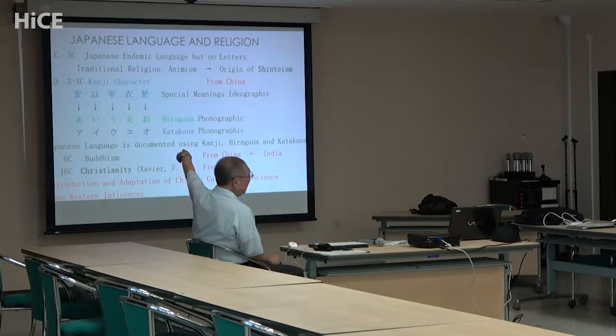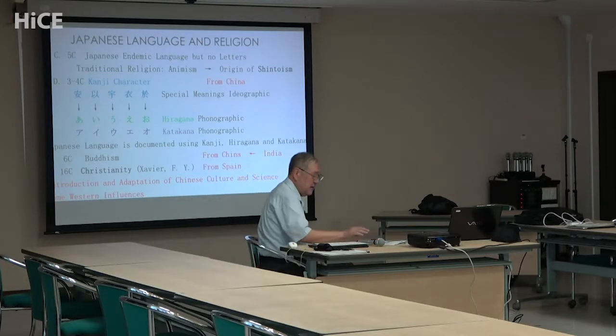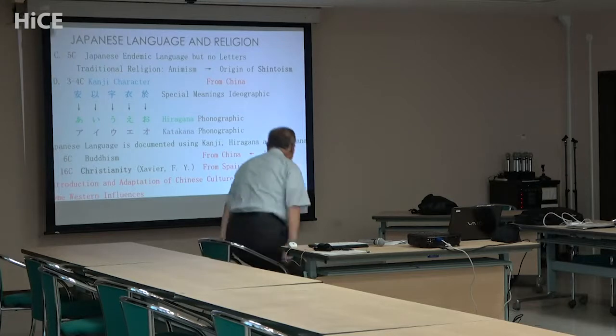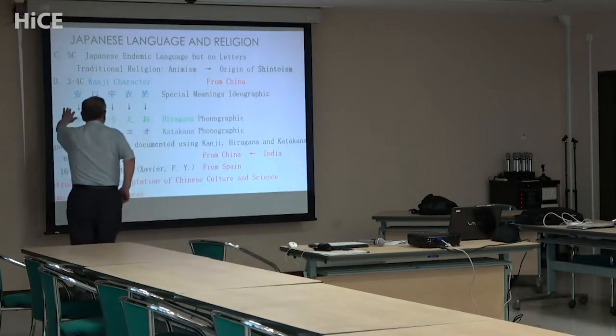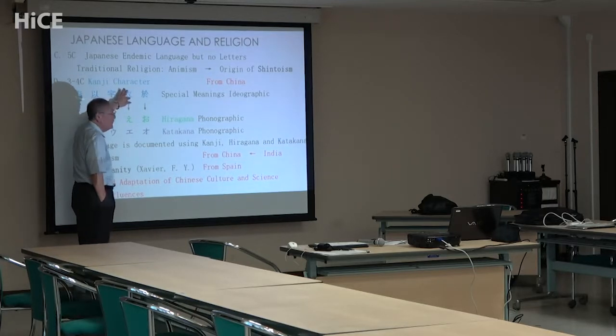Then we introduced the kanji character and Buddhism to Japanese history, using kanji characters like these for a, i, u, e, o.